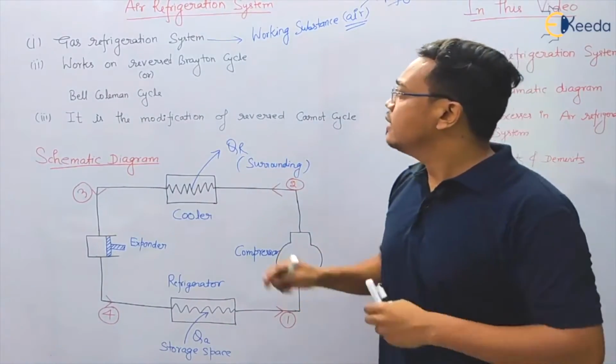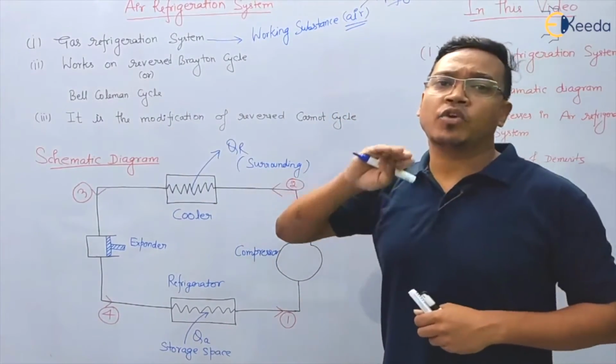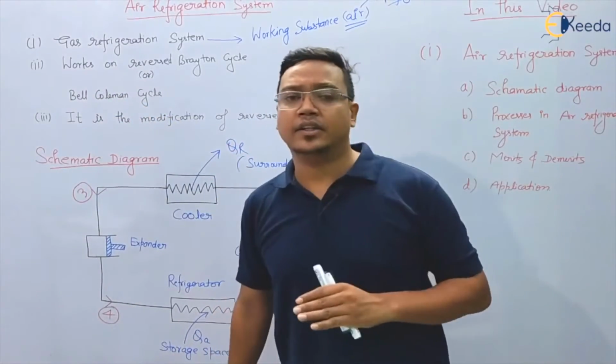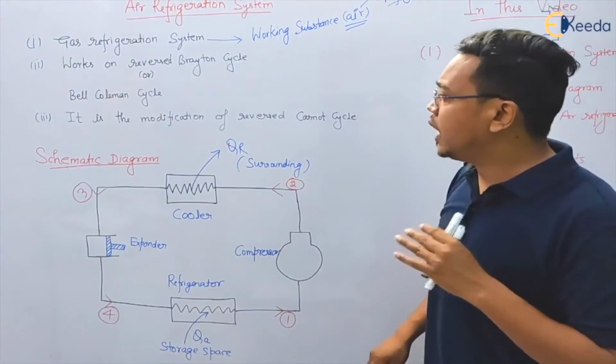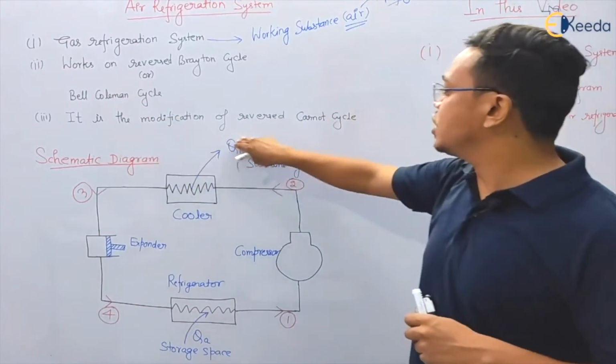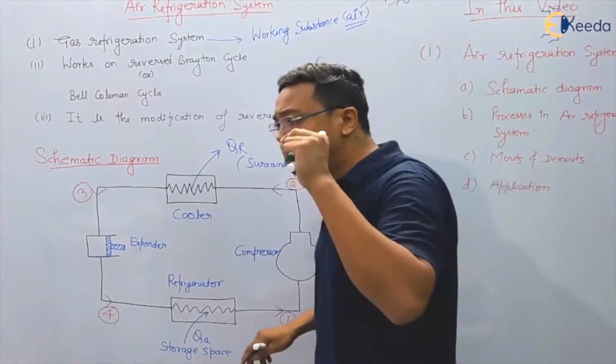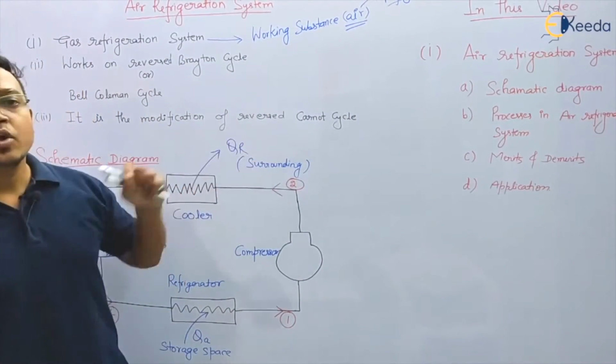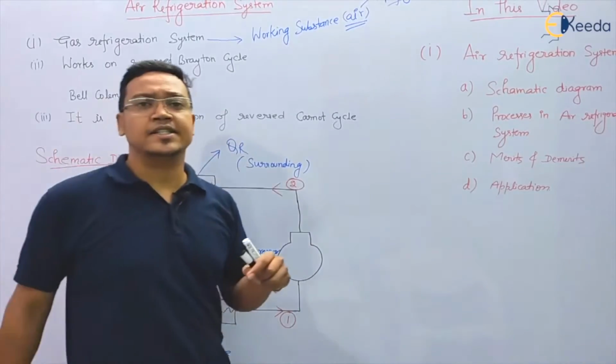In this case, air refrigeration system works on a reverse Brayton cycle or Bell-Coleman cycle. Now, third point, it is the modification of reverse Carnot cycle. This is the most important point, because of this point we are studying the air refrigeration system.